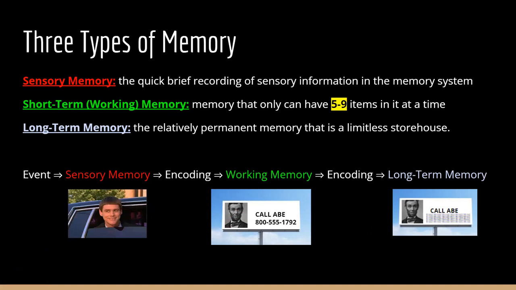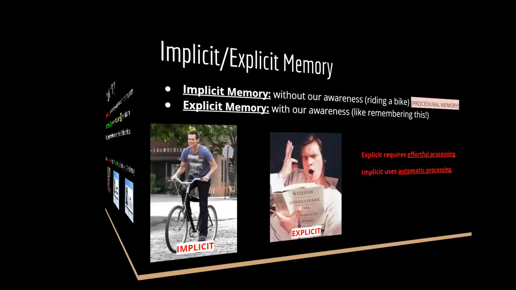But once it goes into long-term memory, you might remember the picture and that it said call Abe, but not the phone number, because that was maybe too many things at once for short-term memory. So you just got to know that's what there is.